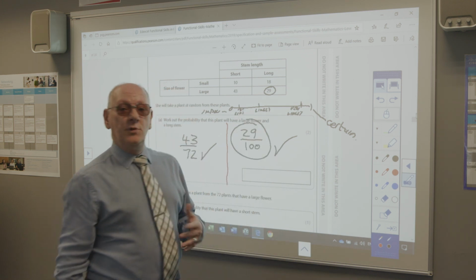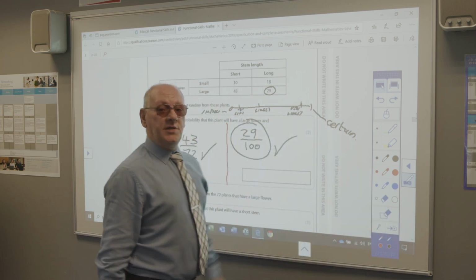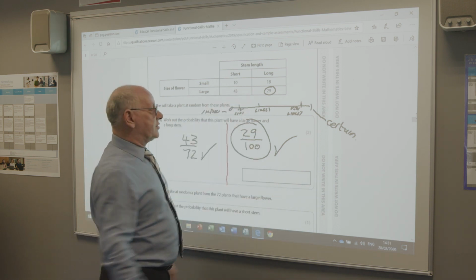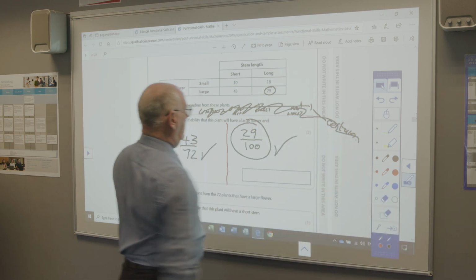But the way things are moving with functional skills, this might go out the window soon. It's still there at the moment with the new one. But I can see that sooner or later they're going to stop putting these types of questions in and stick to these.